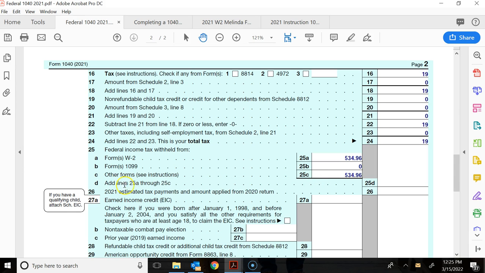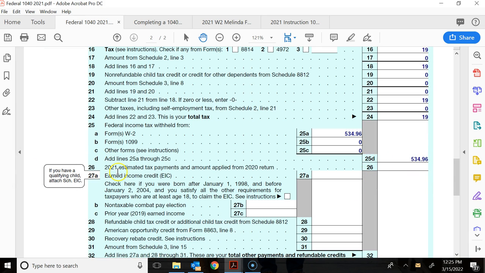For D, where it says add lines 25A through 25C, we are still left with the $534.96 there. Hold on, just other forms, 25C. Oops, sorry. This should be 0 here. So we're left with $534.96.